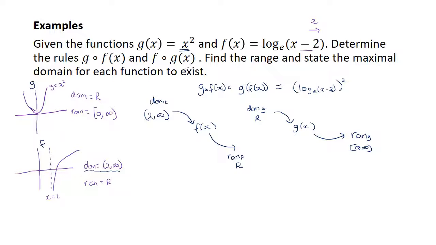If we think about what's going on here, because this range of f is exactly equal to this domain of g, we don't need to do anything to change our initial input or our final output. I can put any numbers from 2 to infinity into my f of x function and I will get out all possible real numbers.